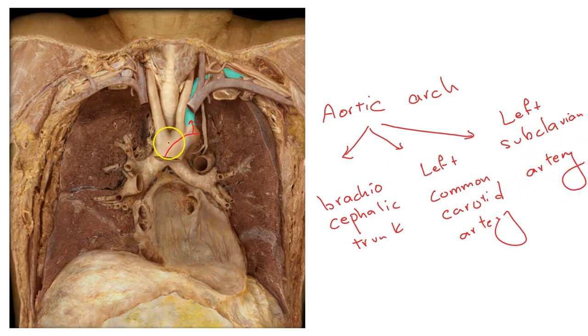Okay, and let's find them. So the first one at the right side is the brachiocephalic trunk, and then the middle one is the left common carotid artery. But how about this one? This highlighted blood vessel, which is going toward the arm, and is a branch of the aortic arch, would be the left subclavian artery.